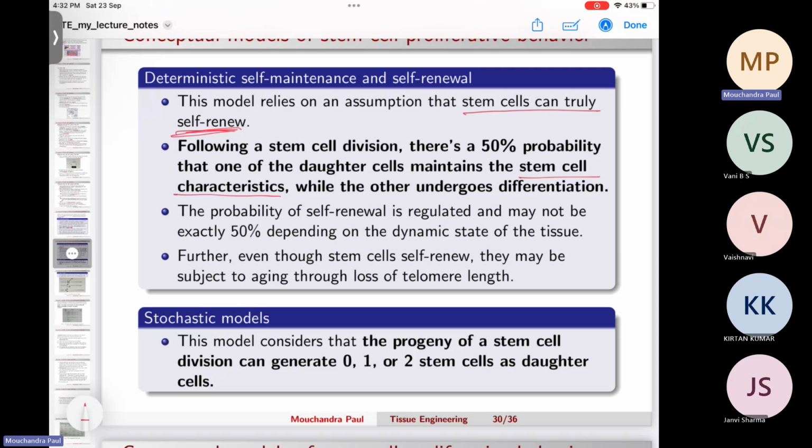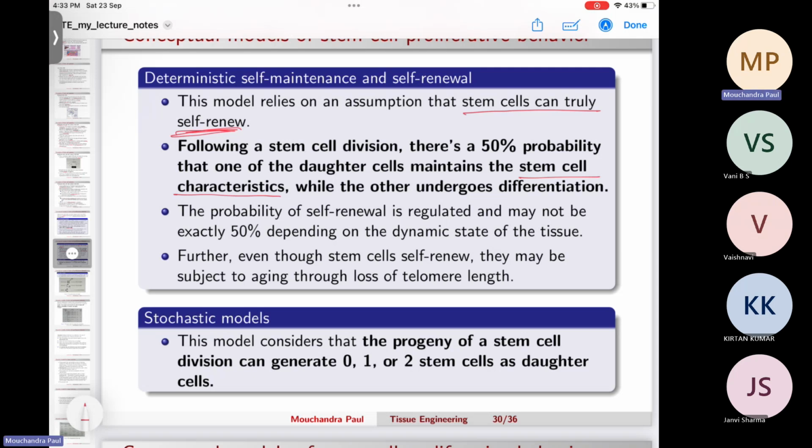Now the third model is called the stochastic model. Stochastic means, as I said, by chance, anything can happen; it is random in nature. So upon cell division of the stem cell, what can happen?